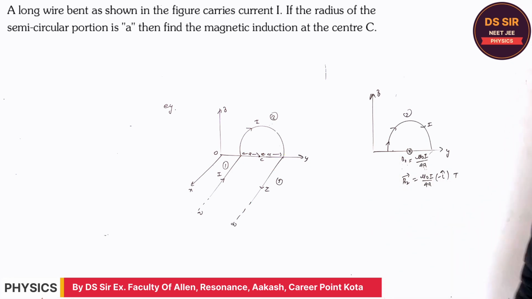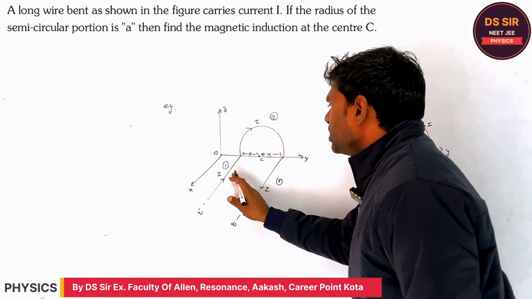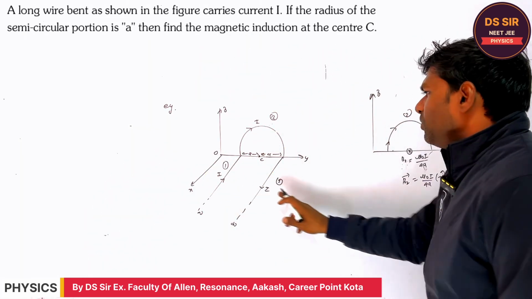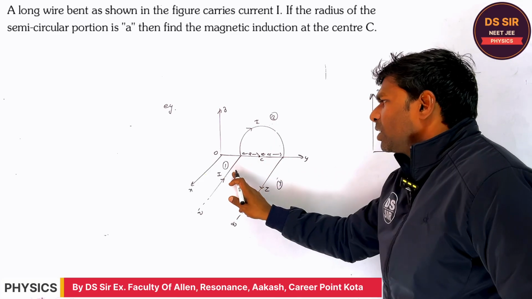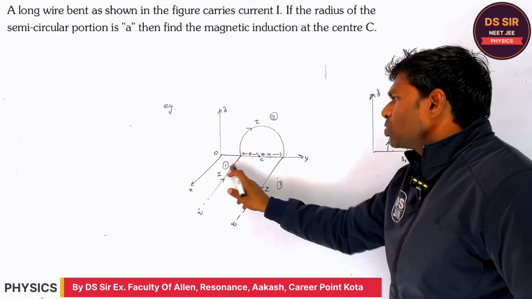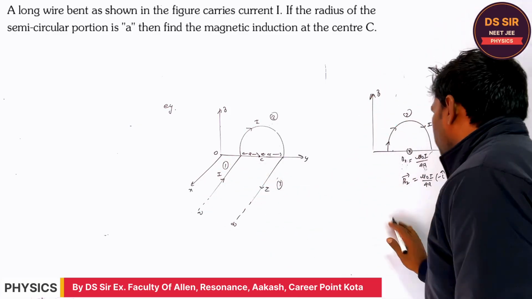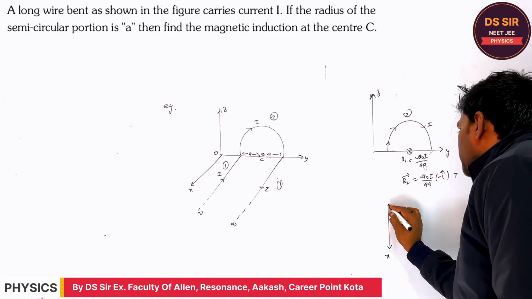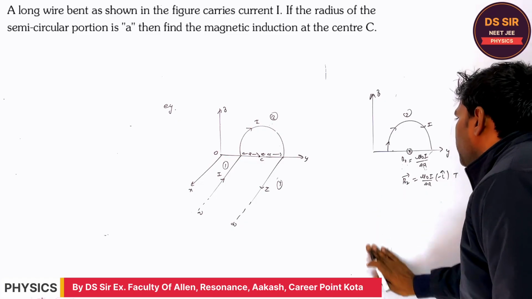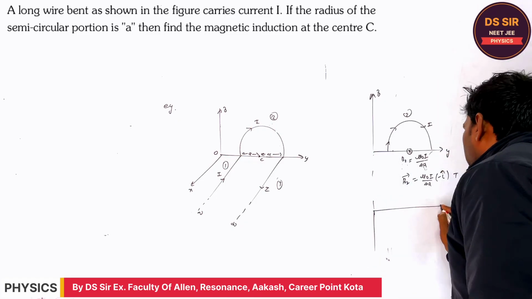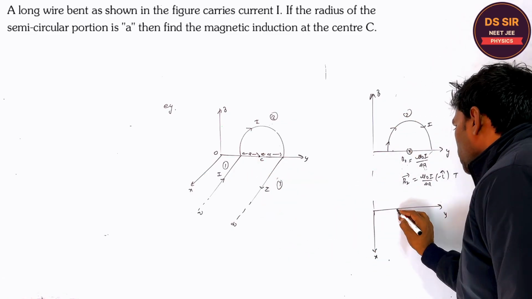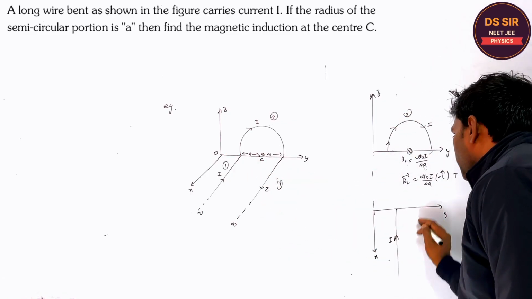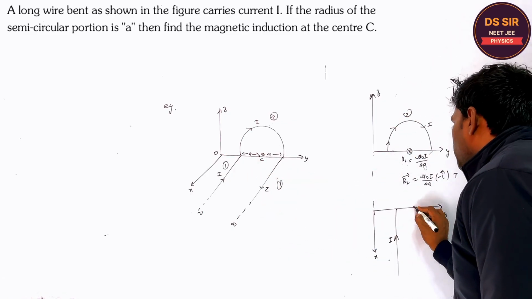Right. First copy this. So now consider the first portion. If you consider the first portion and the third portion, both portions are in which plane? This is X, this is Y, right? So the first portion is going in this way, and this is the distance.